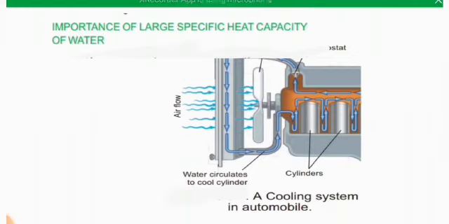Water circulating around the engine, as you can see here in this picture, shown by the blue colored arrows, maintains its temperature. Water absorbs unwanted thermal energy of the engine and dissipates heat through its radiator. So these are a few important points of large specific heat capacity of water.